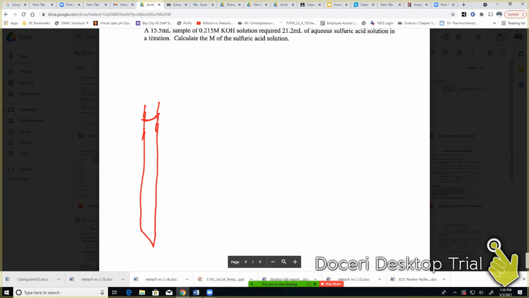So let's say I filled it up just to here. That was my starting point, and when I read that, it was 5.25 mLs. Then I did a titration, and whenever I finished, I was down to here. This is the end, and that is 20.25 mLs.